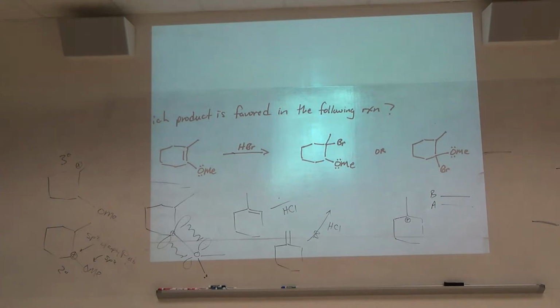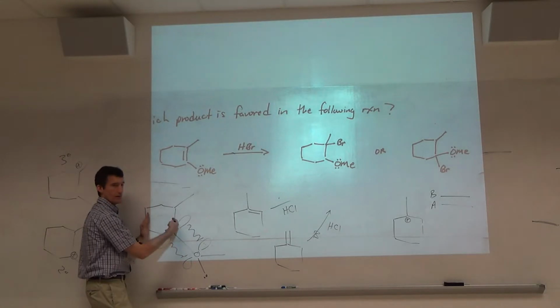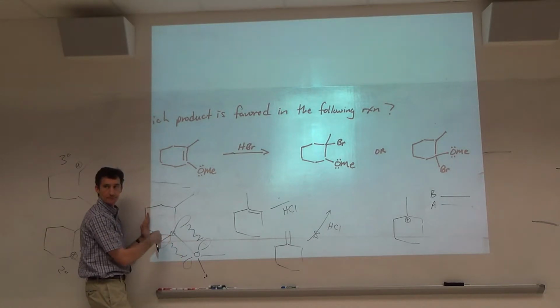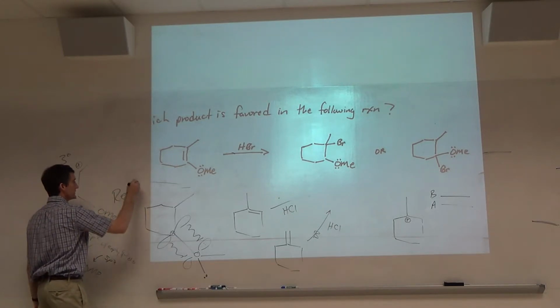Now what do you call it when p orbitals conjugate? Resonance. And these electrons are really helping this cation. This is resonance.